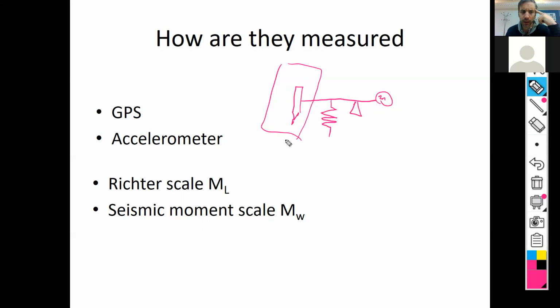The Richter scale, which is the old version of the scale, which is not really used anymore in scientific literature, but it's what you hear in the news when they say the degrees of the severity of the earthquake. And in scientific papers and among people who study seismology, nowadays they use something called the seismic moment scale, which is slightly different.